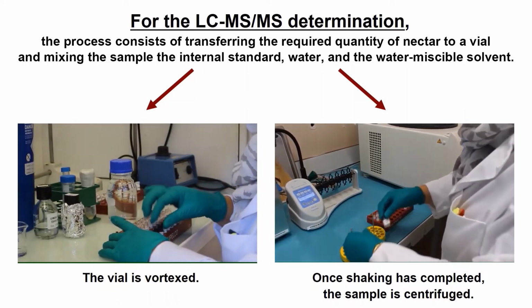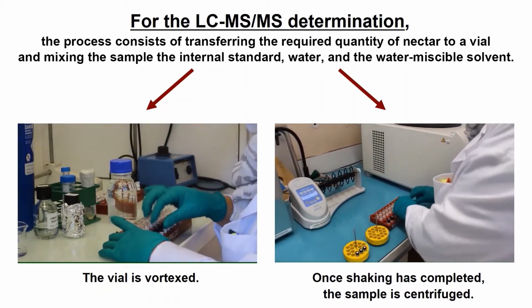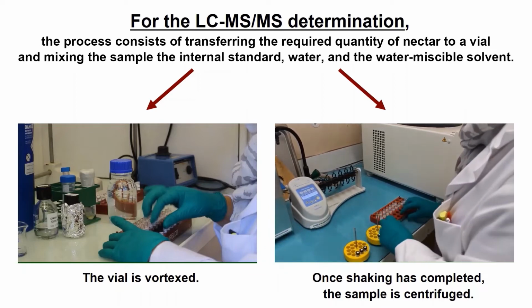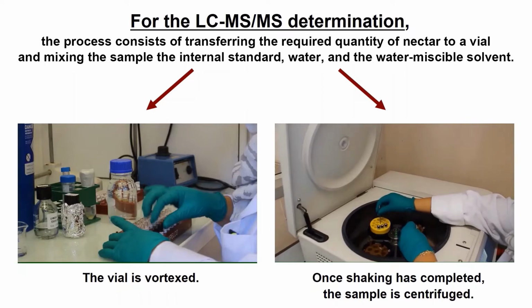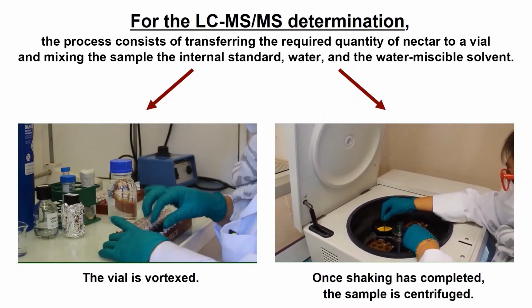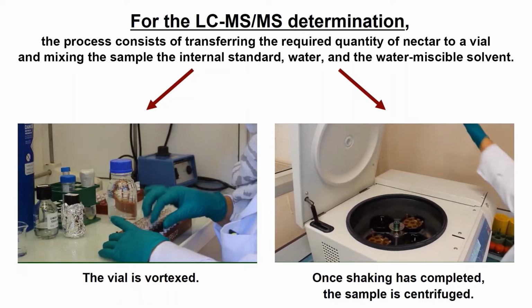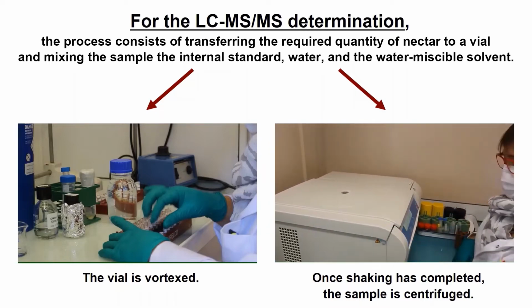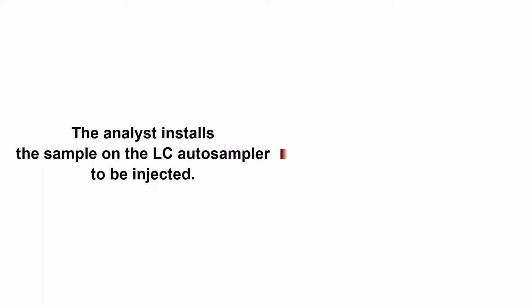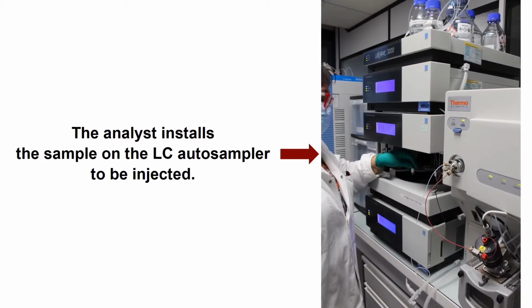Once mixing is complete, the sample is centrifuged at 500 rpm for 5 minutes. Then, the analyst installs the sample on the LC autosampler to be injected.